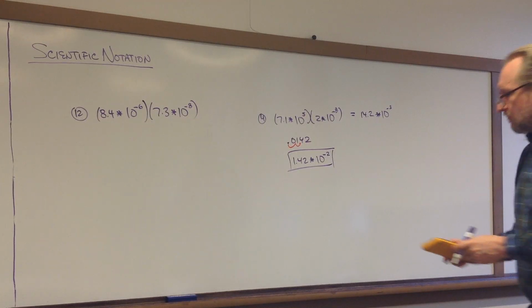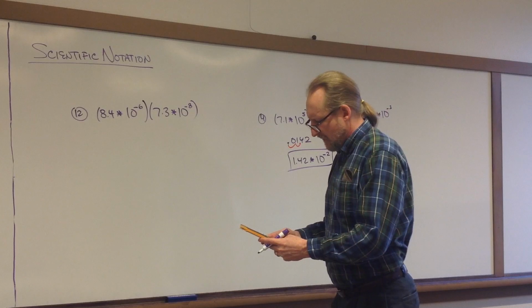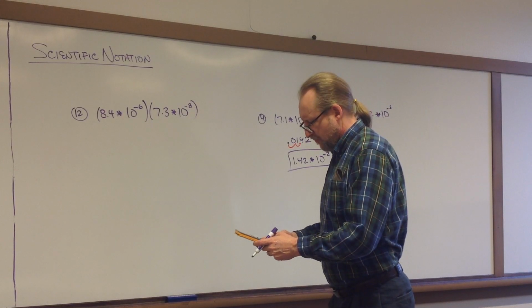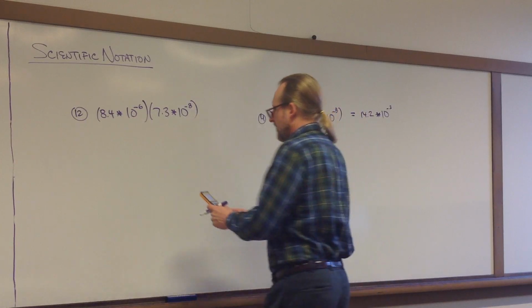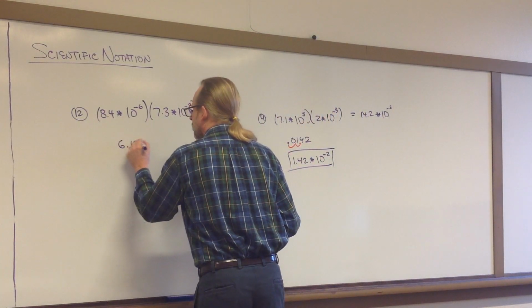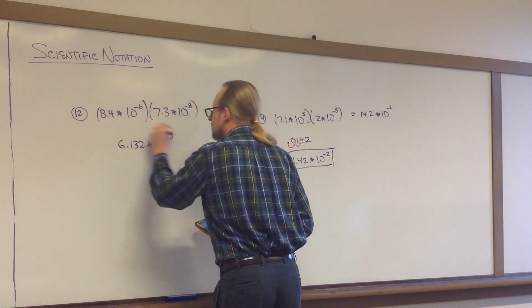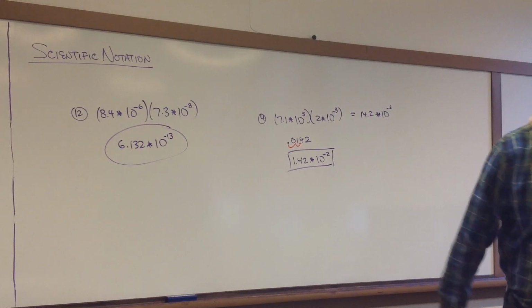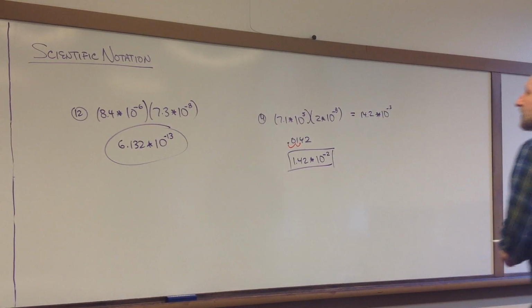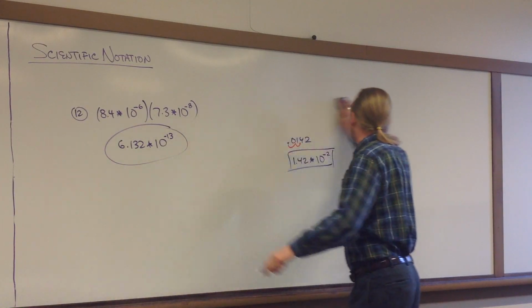All right, so let's go ahead and put it in the calculator. 8.4 e minus 6 times 7.3 e minus 8. And that gives me 6.132 times 10 to the minus 13th power. Okay, so that's the multiplying of numbers in scientific notation.